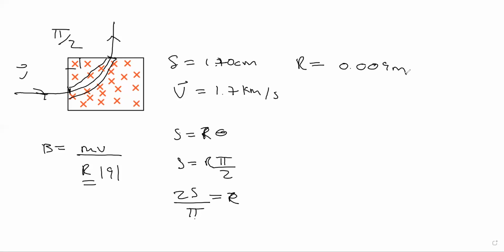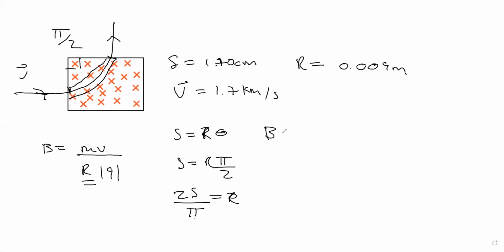Now we basically have everything, because the mass of a proton is a constant, and the charge of a proton is a constant, so both are given. We're given a velocity, so we can solve this problem now.